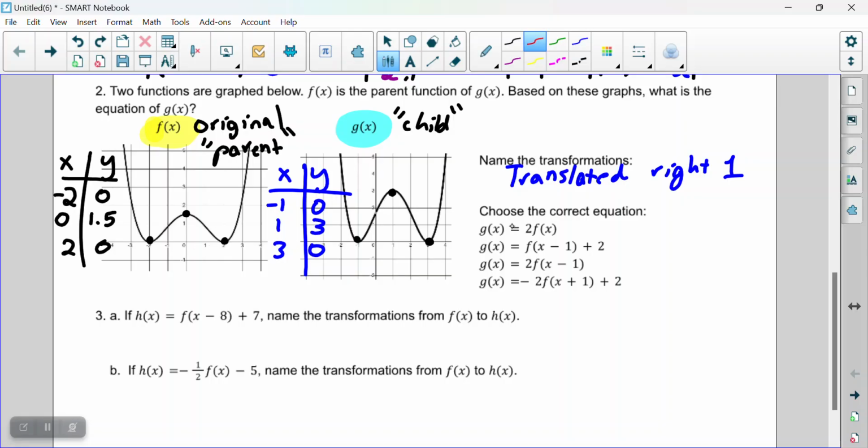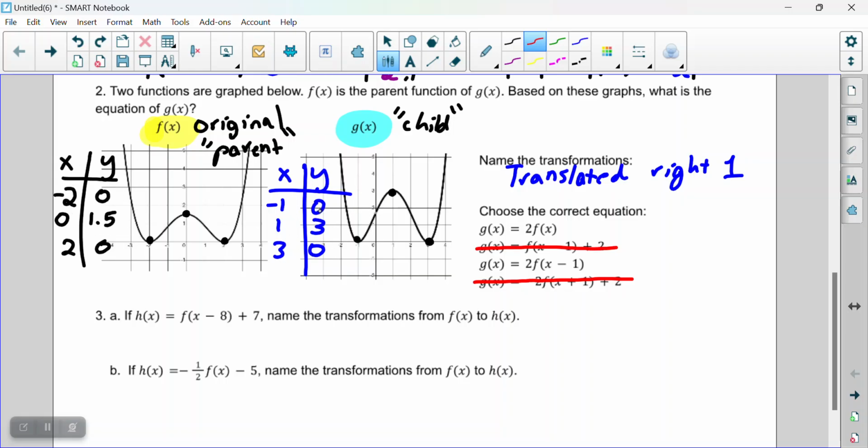So if I'm choosing the correct equation, this one has an up and down shift. Definitely not that. This one has an up and down shift. So it's not that either. Maybe there's something else happening here though, because the y's did change. This middle point did change. It went from 1/2 to 3. How do I go from a 1/2 to a 3? You could add 1/2, but we just talked about how we weren't adding because it went from 0 to 0.